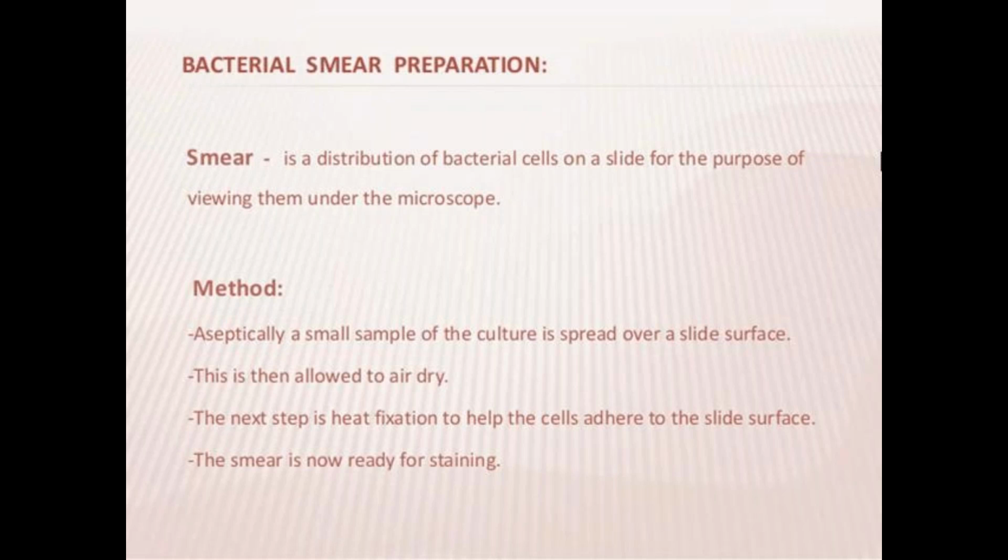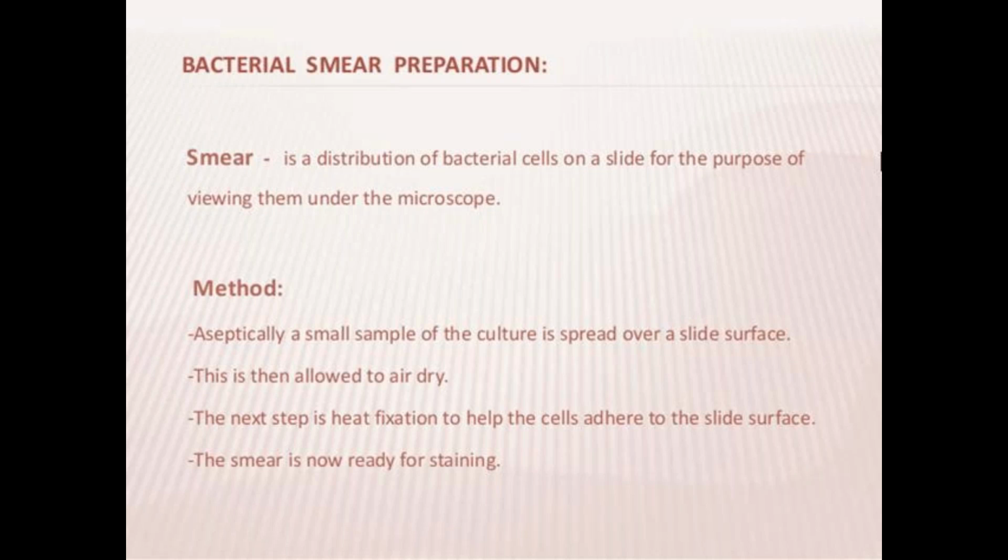And how is the smear prepared? First, normally the culture is taken and spread over the slide surface. Then in the next step it is allowed to air dry, and then it is heat fixed.